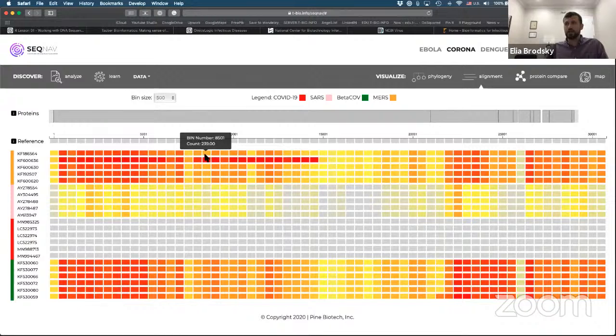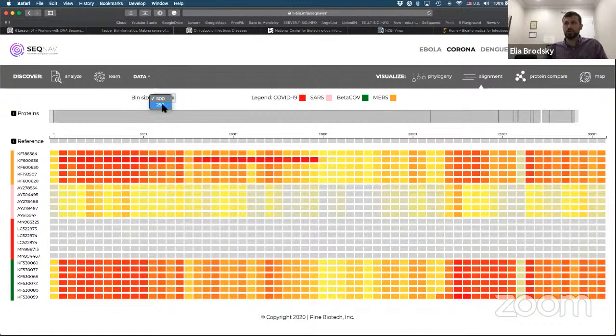What we see here is thousands of nucleotides. The whole reference sequence for the SARS coronavirus is about 30,000 nucleotides altogether. When we align all of these samples, which are FASTA files, to the reference, we can observe how many positions are changing from the reference in a bin.